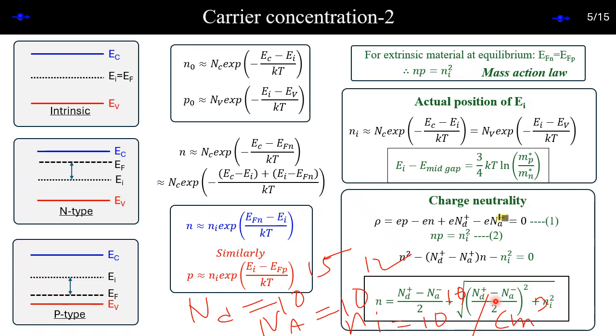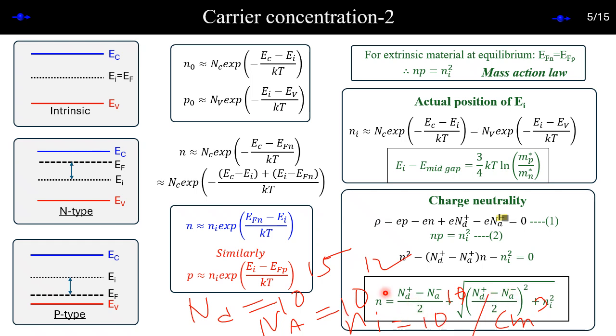So this Nd minus Na squared, this is very large, right? Nd is 10 raised to 15, Na is 10 raised to 12, so forget about 10 raised to 12. This 10 raised to 15 is way larger than Ni squared, so forget Ni squared. Here you have 10 raised to 15 by 2, and here you have 10 raised to 15 by 2.